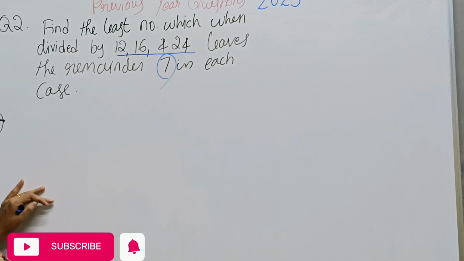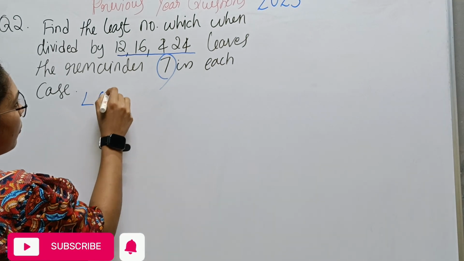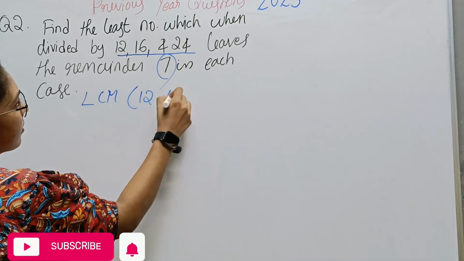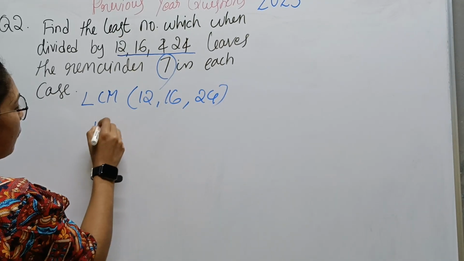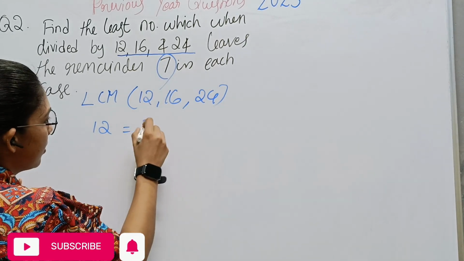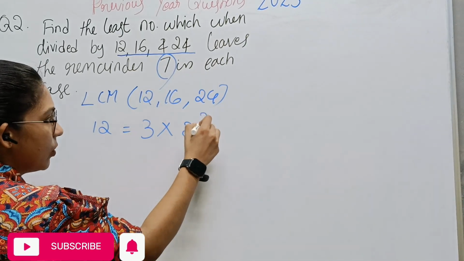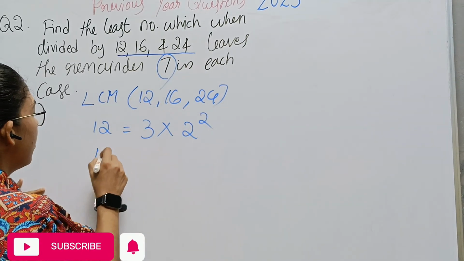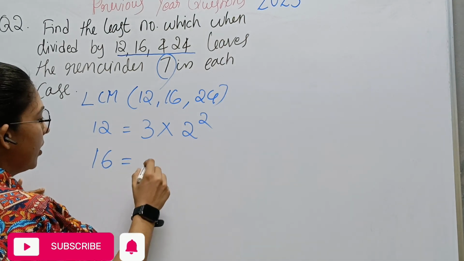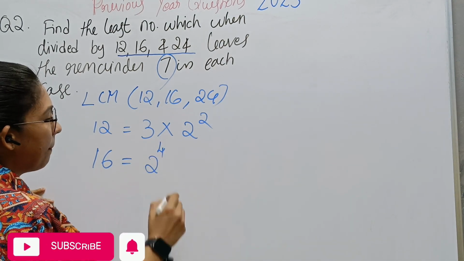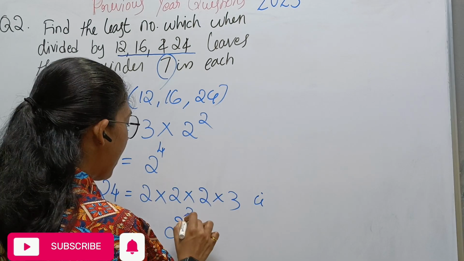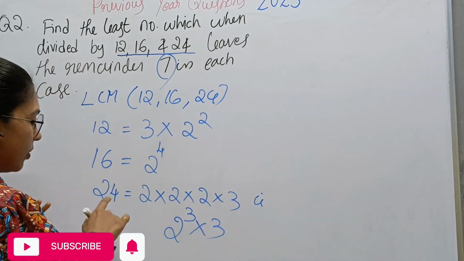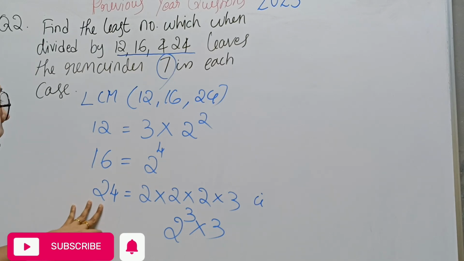So what is the LCM of 12, 16 and 24? What are the factors of 12? It's 3 into 2 square. What about 16? It is 2 to the power 4. Then 2 to the power 3 into 3 is the factorization of 24.